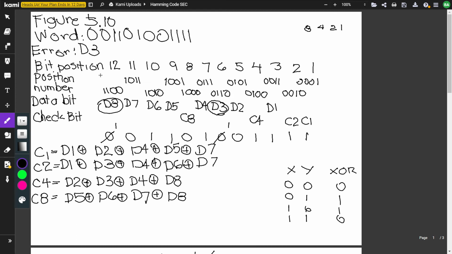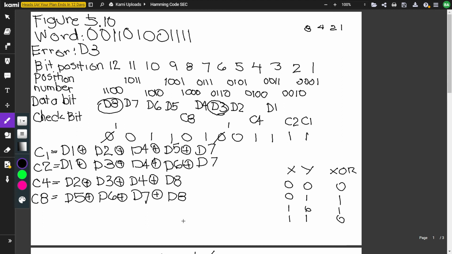So for bit position you have to create a table, and this bit position number is useful if you do not memorize the values in binary. It's safer to label first the check bits, which are the powers of 2. For this example, we have C1, C2, C4, and C8. And the remaining values are the data bits.